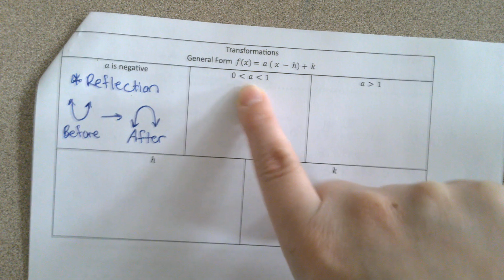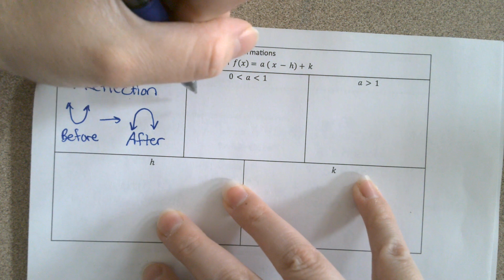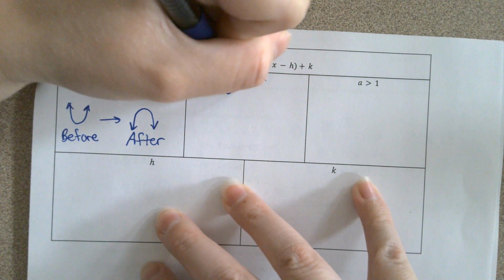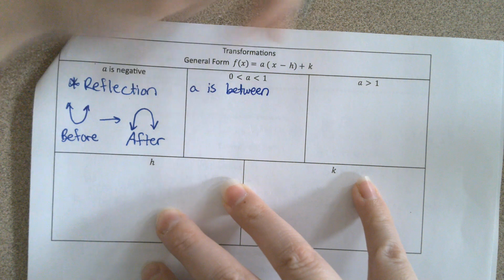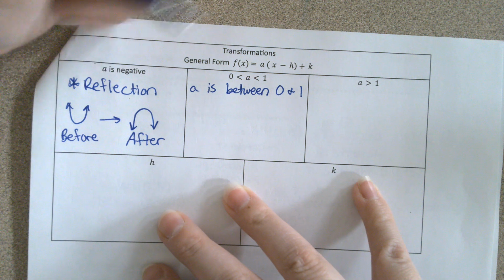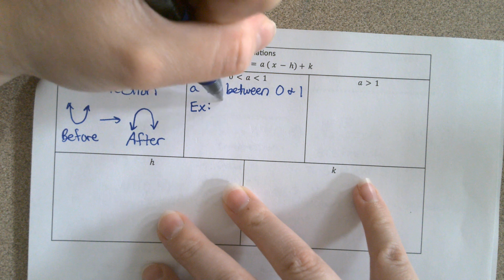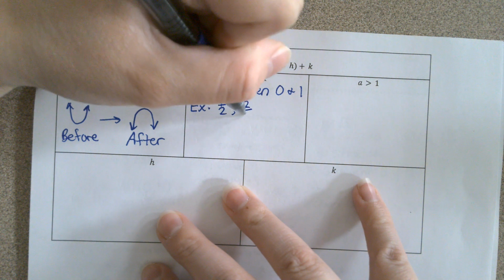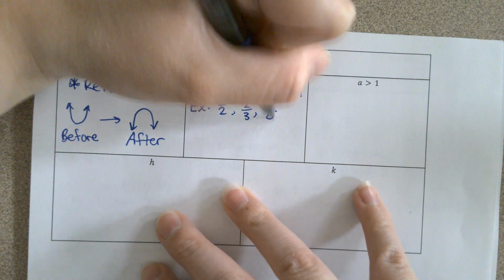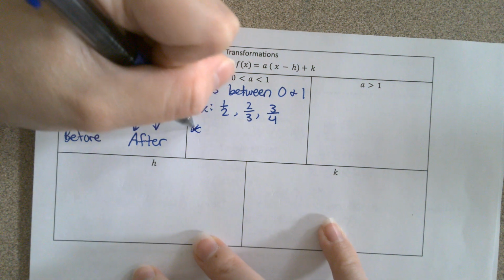If a is between 0 and 1, so for example, that would look like 1/2, 2/3, 3/4, anything like that, then it is a compression.